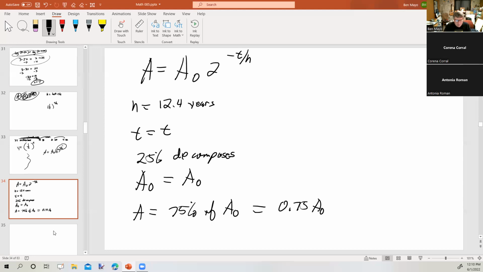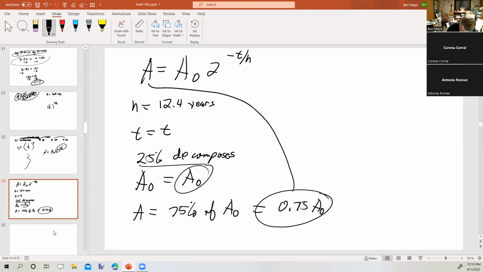Okay. Remember the problem we did yesterday with the doubling? We didn't even know what the principal was, but we had P on one side and 2P on the other because it doubled. This is the same kind of thing. We don't know what the starting amount is, but we know that we lose 25% of it. So at the end, we have 75% of it. So this is going to go in there.